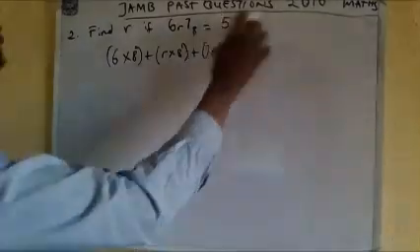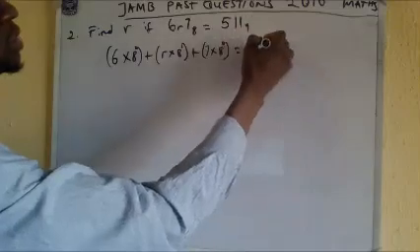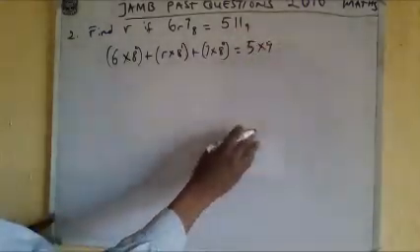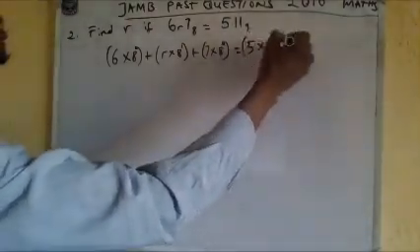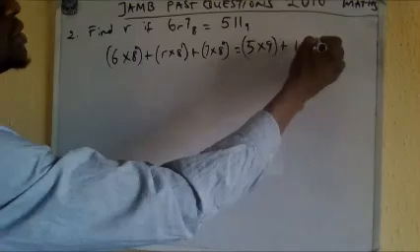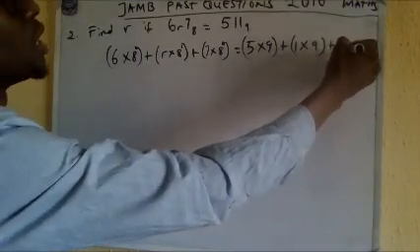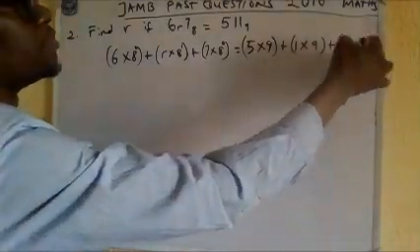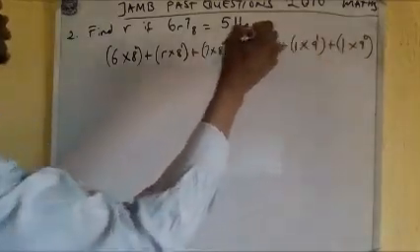The same thing applies here. 5 times 9 plus 1 times 9 plus 1 times 9. The power here is 0, the power here is 1, and the power here is 2.